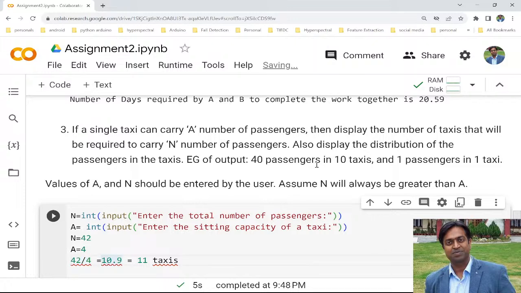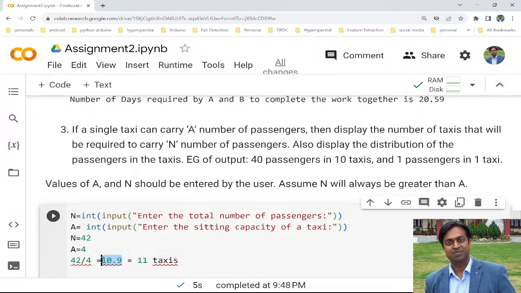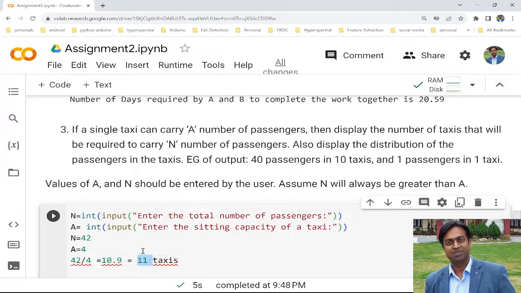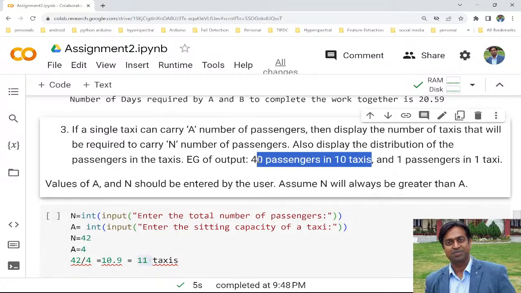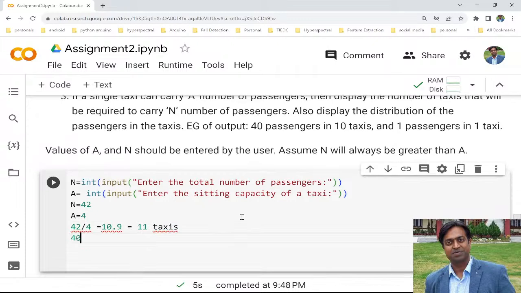But over here we have to print the distribution also, and how many taxis. This number, if we round it to the next integer value, we get 11. But we do not only need 11, we need the 10 taxis distribution also, right? So how to get that distribution? What if I write 42 double division 4?